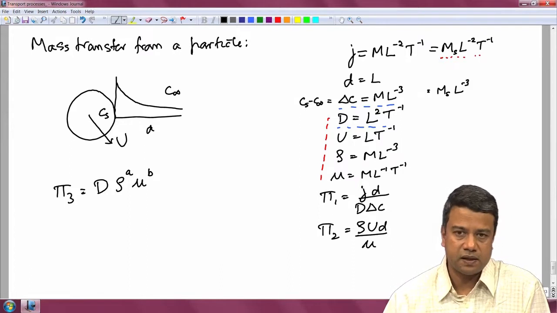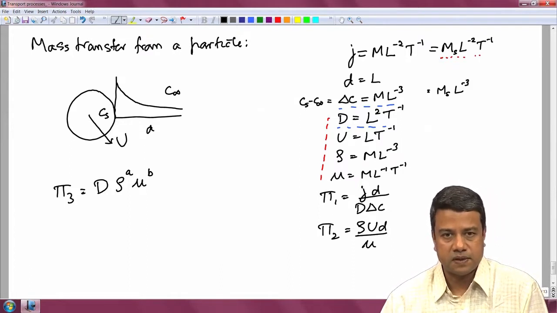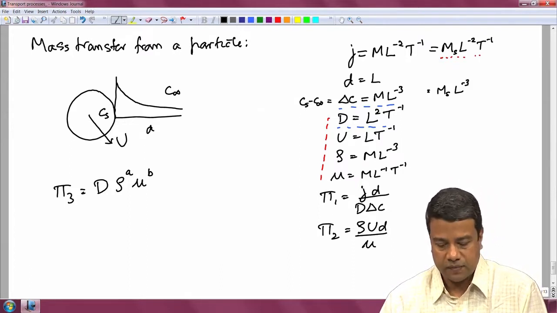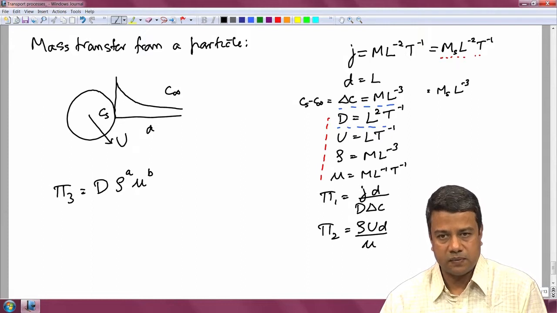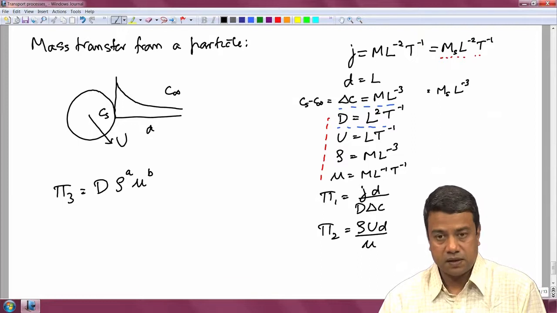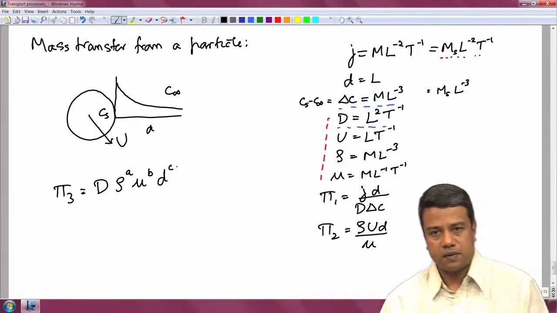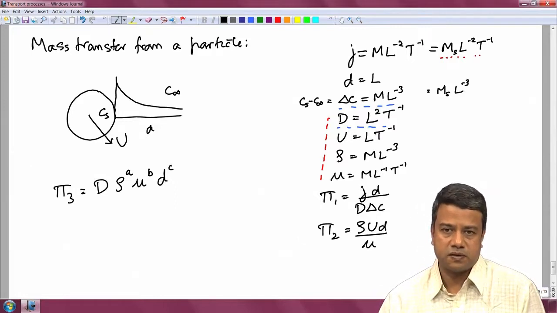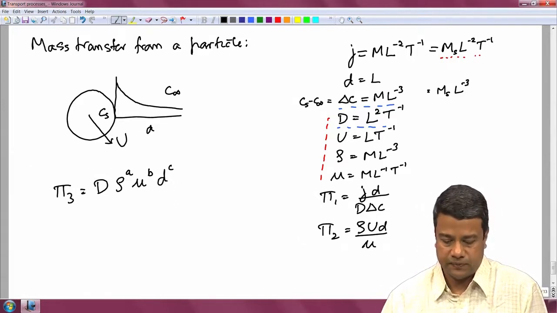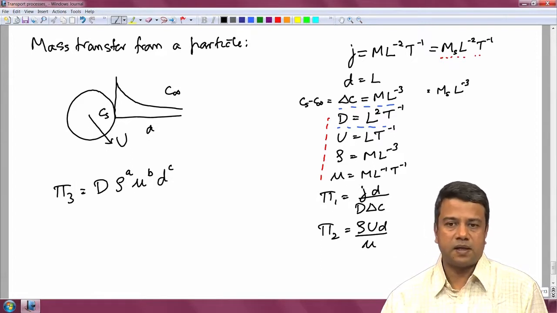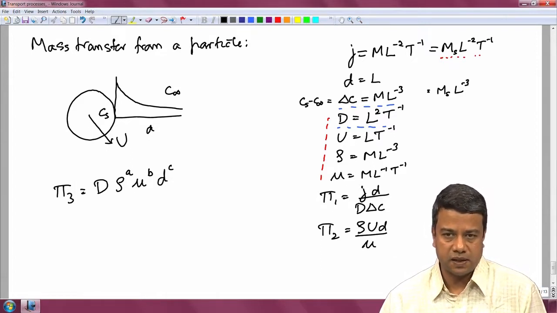And from that, I could get a dimensionless group. Mass, length and time should cancel out. In general, I would have to have a length scale as well. But as you will see, this coefficient turns out to be 0, and I will tell you why later. So A, B and C are calculated from the dimensions of length, mass and time.